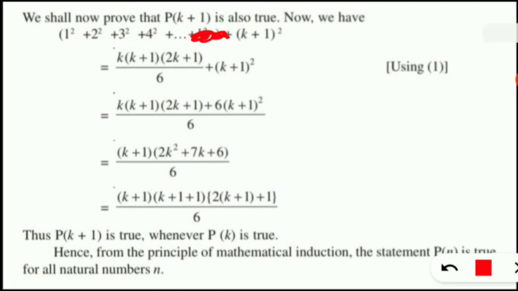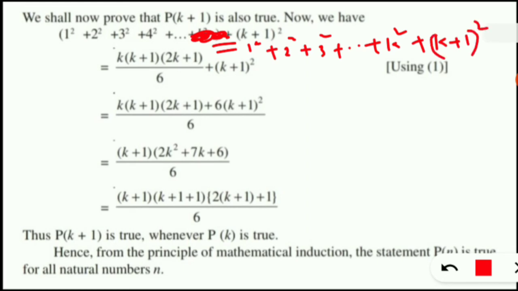At first you write this line. In the next line you just write 1 square plus 2 square plus 3 square plus dot dot dot plus k square, and the last term is k plus 1 whole square. Okay, listen, same things: 4 minus 1, that means 3 square; 3 minus 1, 2 square; 2 minus 1, 1, that means 1 square. Clear?